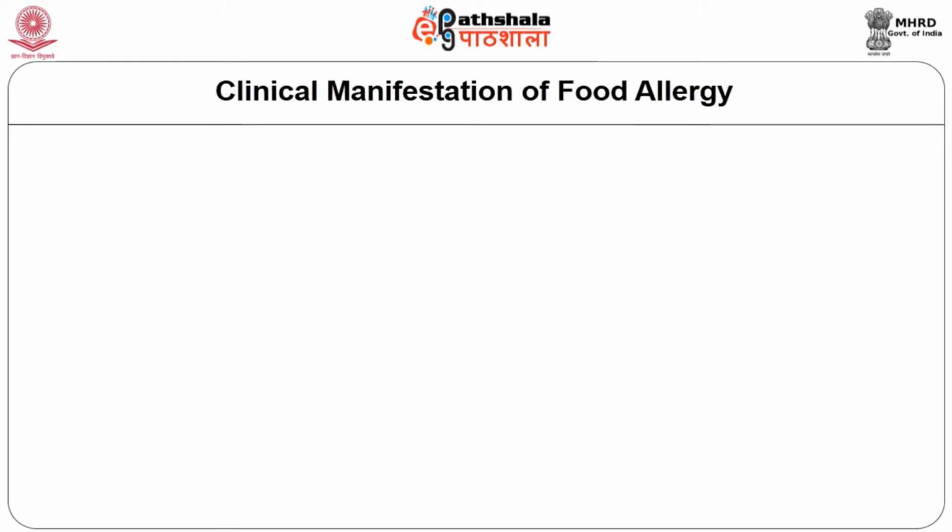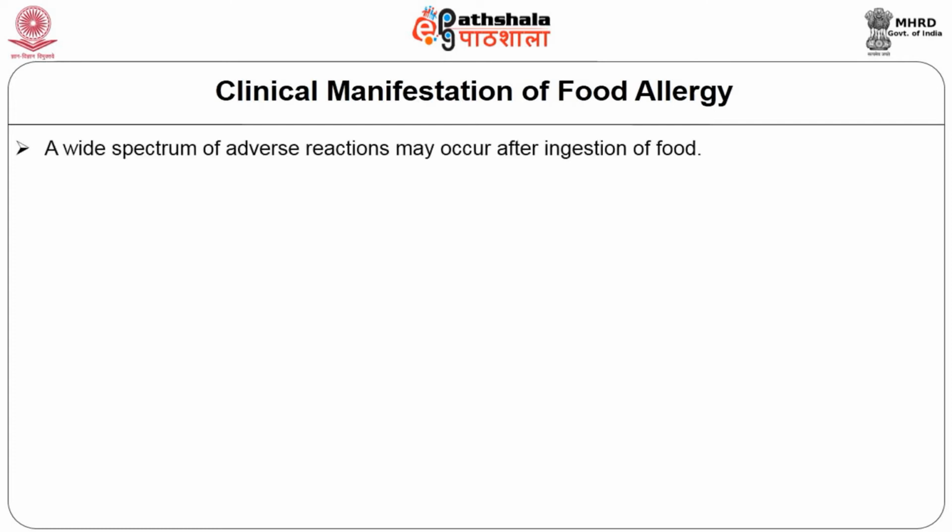Let us now understand the clinical terms as to what are the actions and reactions that exactly take place in our body after the ingestion of certain foods by certain individuals. There are many variations and we shall study them briefly. A wide spectrum of adverse reactions may occur after the ingestion of food.